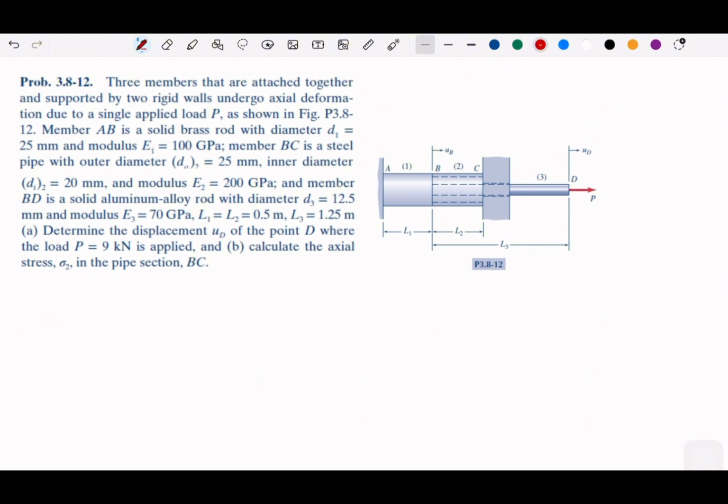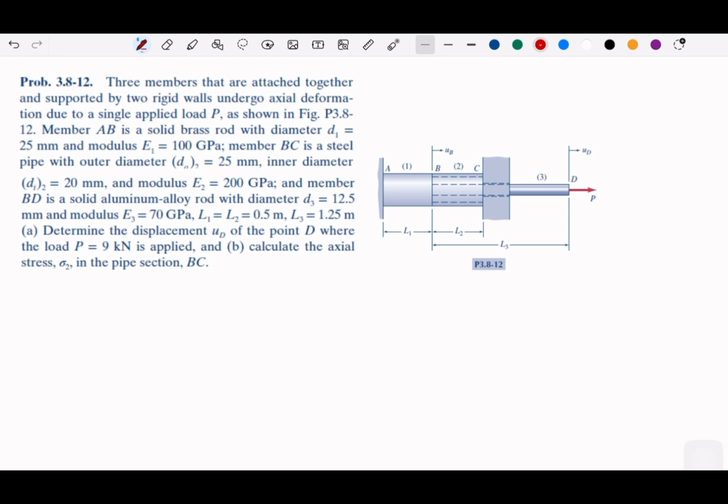And then member AB is solid brass. It has the diameter 25 millimeter. It has their own modulus 100 GPa. And BC is steel pipe. It has outer diameter 25 millimeter and inner diameter, okay, which is 20 millimeter, and modulus is 200 GPa.